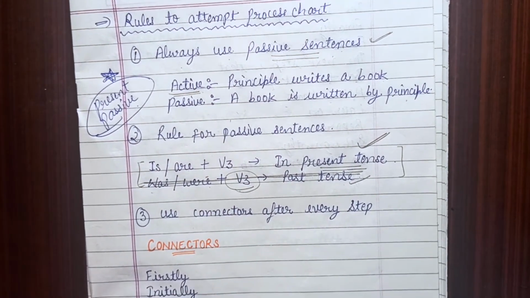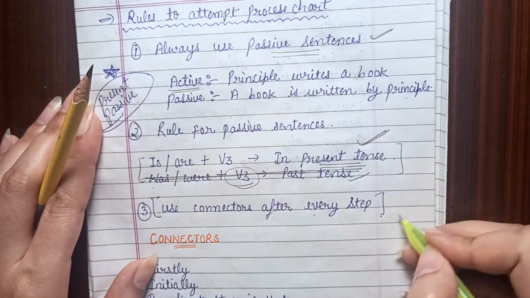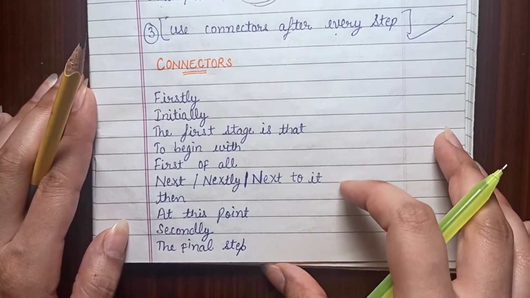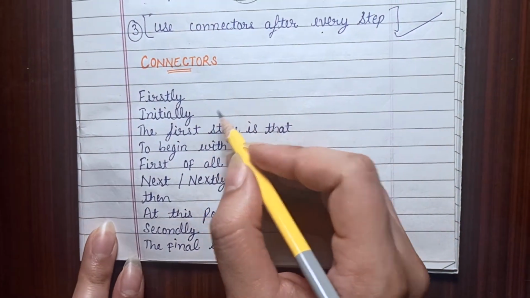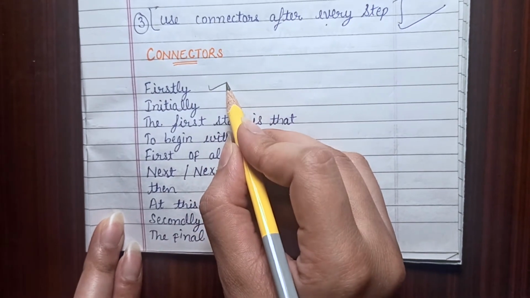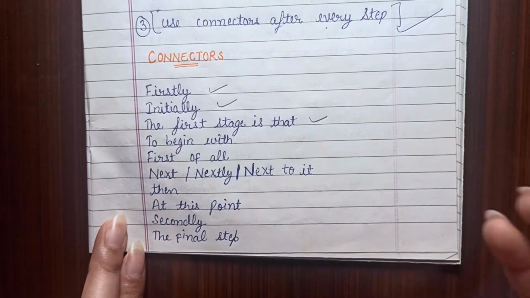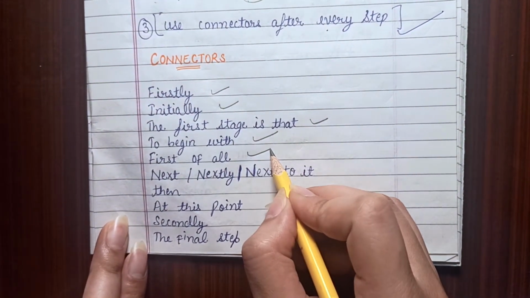And the last rule is you need to use connectors after every step, right? So moving ahead with the connectors, what are the connectors to be used in a process chart? If you want to say that this is the first step, you can say firstly, initially. In the first stage you can also write to begin with, first of all, right?